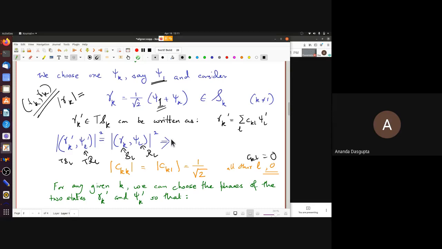When you worked with the one-dimensional harmonic oscillator, when you were using wave functions, what was your actual choice of basis? Position basis. The position eigenkets, right?